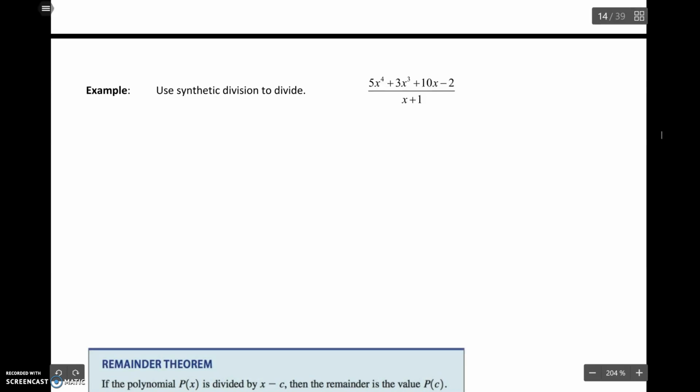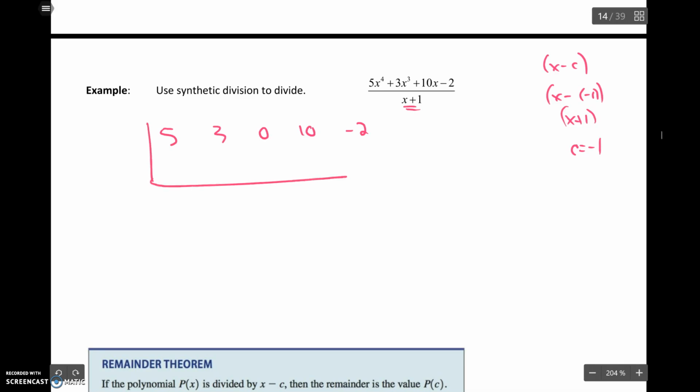Use synthetic division. So my factor is x minus c. This is x minus a negative 1, which gives me x plus 1. So my c value is negative 1. You always take the opposite of that sign. So 5, 3, no squared term, so we have to put in a placeholder, 0, 10, negative 2. Take out a negative 1.